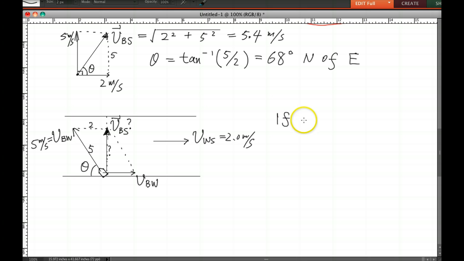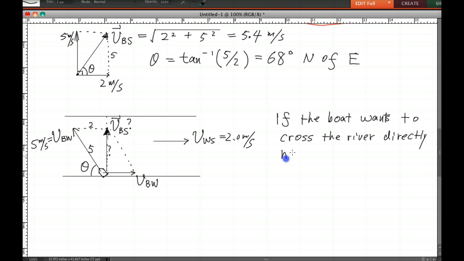If the boat wants to cross the river directly north of the starting point.